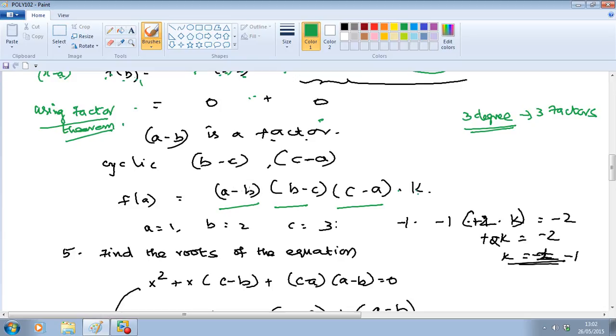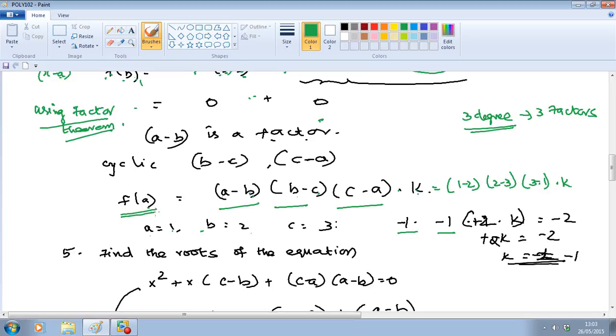So we'll put some test values. a equal to 1, b equal to 2, c equal to 3. If you apply this in this formula, f of a is equal to, this is 1 minus 2 becomes minus 1, b minus c, 2 minus 3 becomes minus 1, c minus a, 3 minus 1. So we will write here minus 1 multiplied by minus 1 multiplied by 2, and this is multiplied by k.